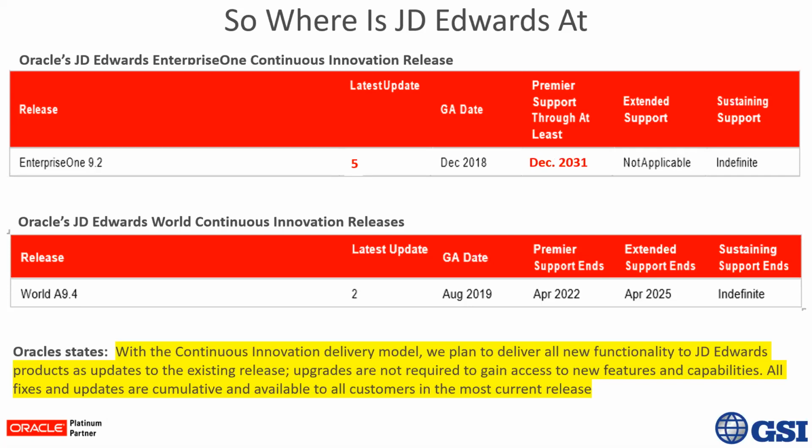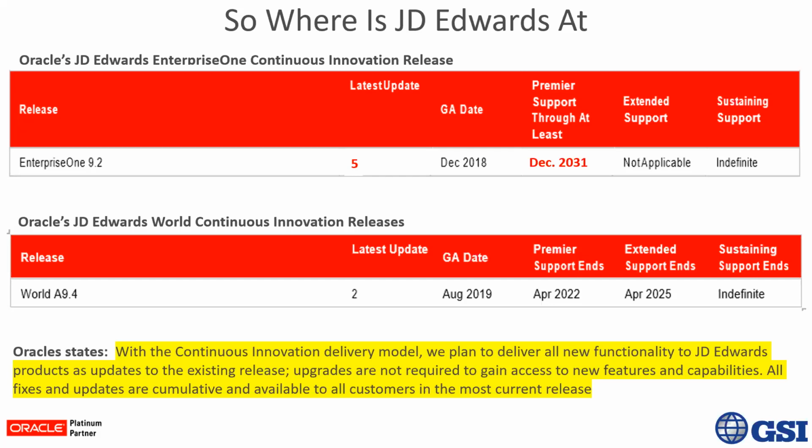What's important about that is that Oracle is under this continuous innovation model where they're making enhancements, doing fixes, doing all these things in smaller chunks, and delivering all of these to you so that you can continually evolve, continually adapt to your business, and continually innovate.